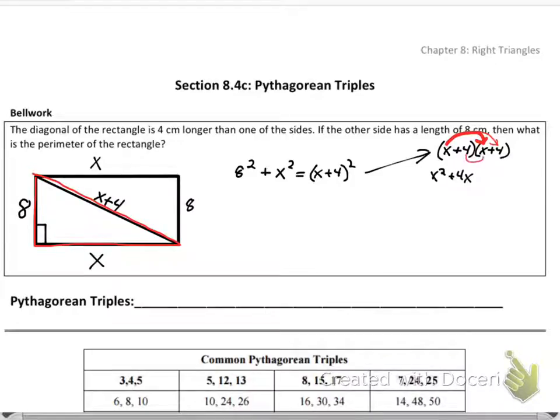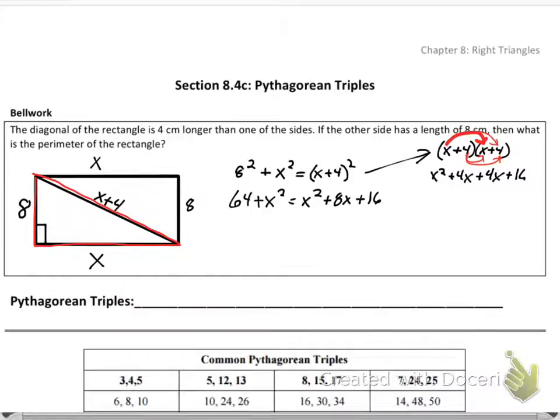I would do 4 times x, which would give me 4x. And finally, I would do 4 times 4, which would give me 16. So we have 8 squared, which is 64, plus x squared equals x squared plus 8x, plus 16.